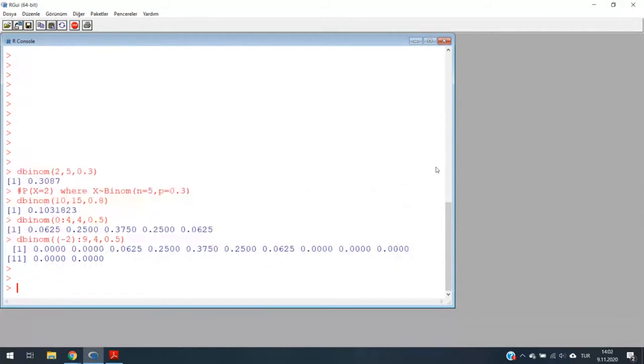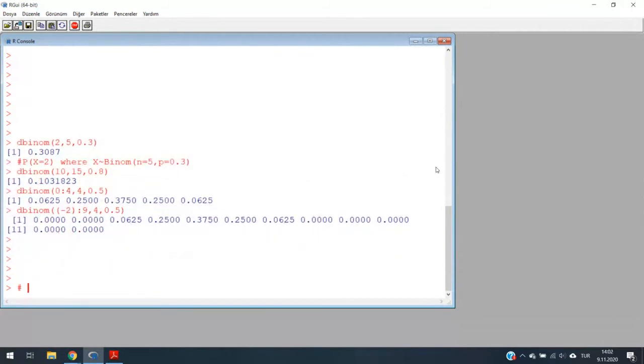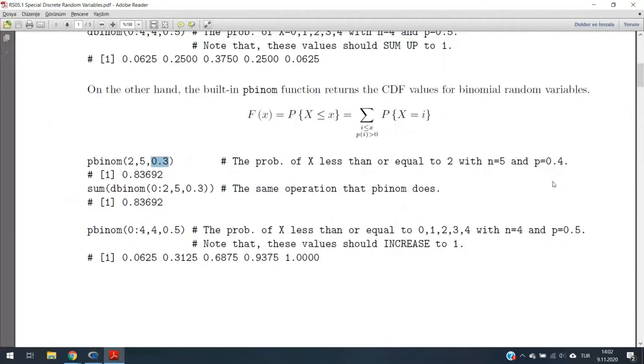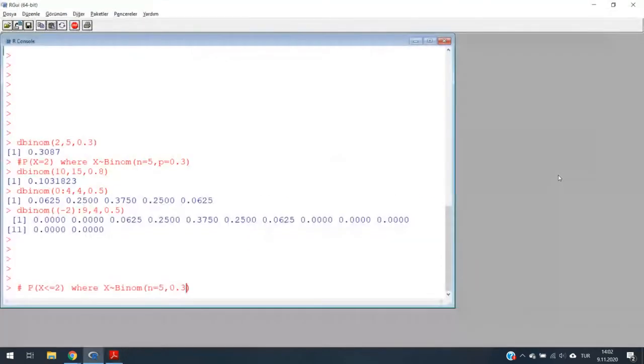This time, the next command line is interested in calculating the probability of the binomial random variable X, with size parameter equal to 5 and success probability equal to 0.2, to be less than or equal to 2. Again, I am very sorry, there is a misprint here. It shouldn't be 0.2, it should be 0.3 actually.